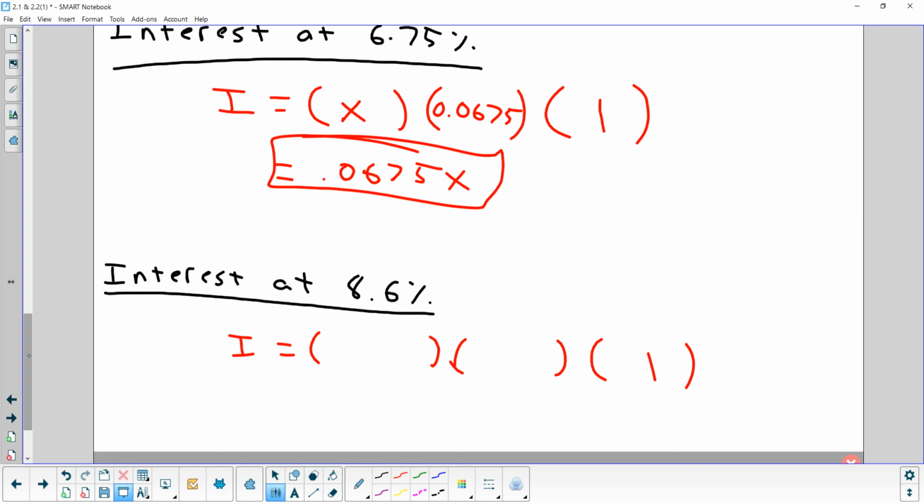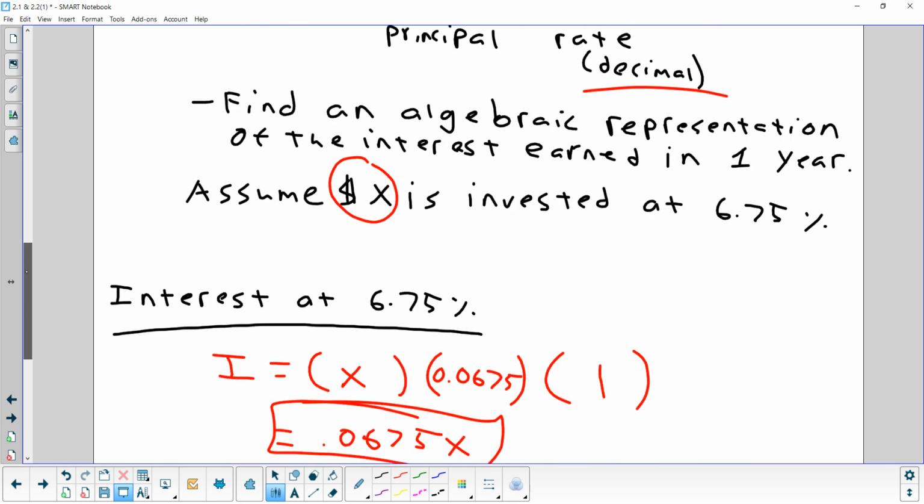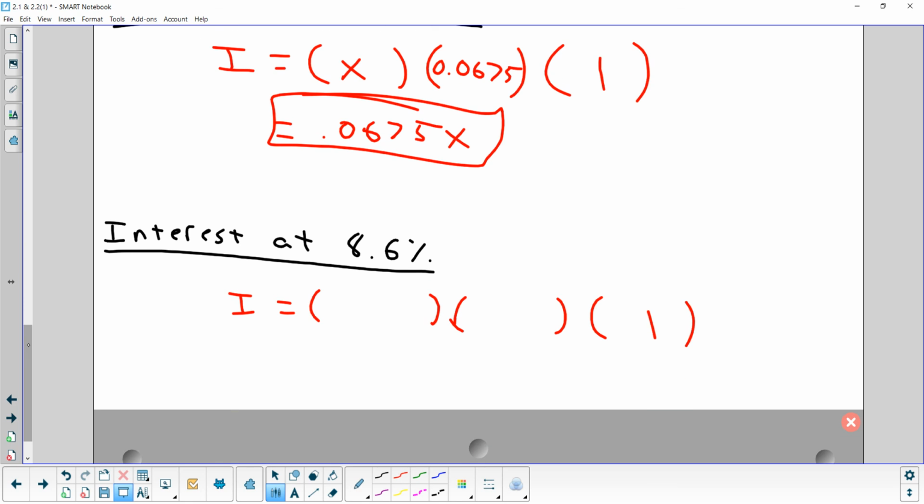The principal is going to be $20,000 minus the investment from the first one. So can you tell me what's left to invest at 8.6%? 20,000 minus X. So he already invested X dollars before. So what's left now? 20,000 minus X.